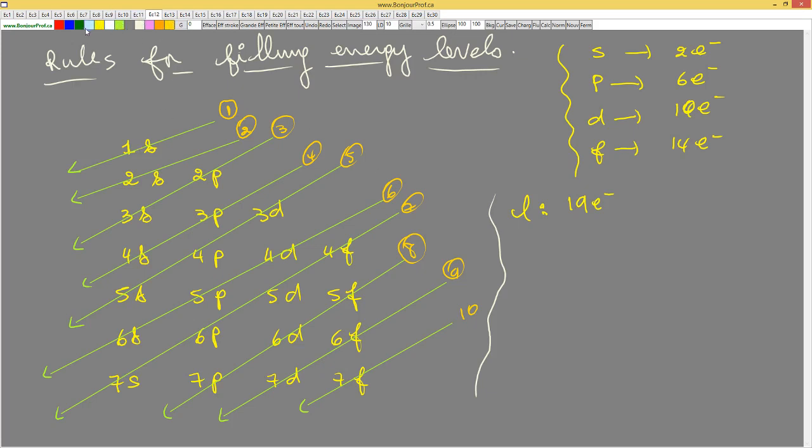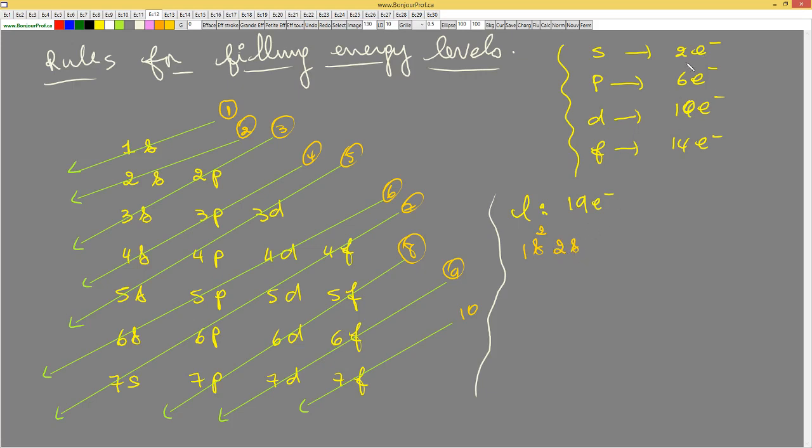The first thing the rule tells me is to start by diagonal 1. Diagonal 1 is 1s. I'm going to put 1s. How many electrons am I allowed to put? Only 2. But I have 19, so I put the 2. Now I finish diagonal 1, so I go to diagonal 2. Diagonal 2 tells me to fill the 2s, the next orbital.